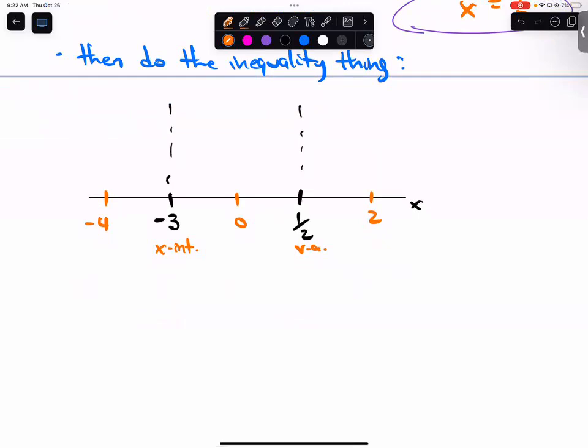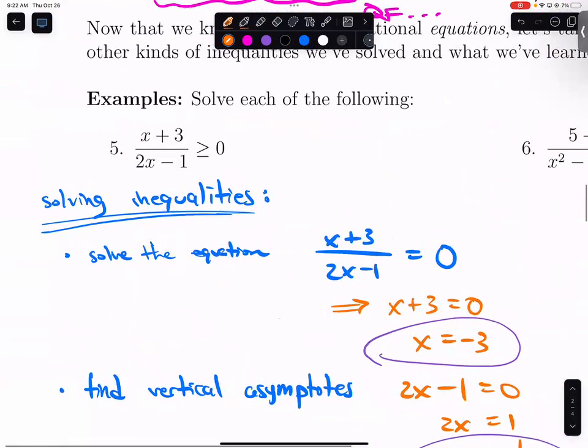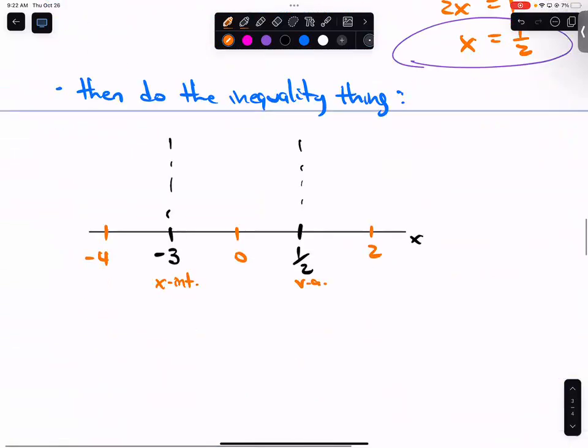So if x is -4, x plus 3 over 2x minus 1 would be -4 plus 3 over 2 times -4 minus 1. So -1 over -9. Is that positive or negative? Overall, that's positive. So is the inequality that the question's asking about true or false?